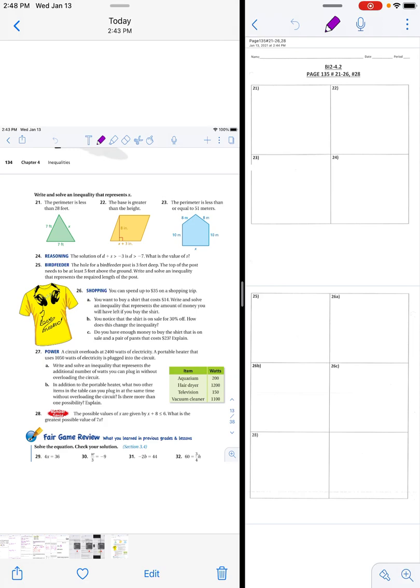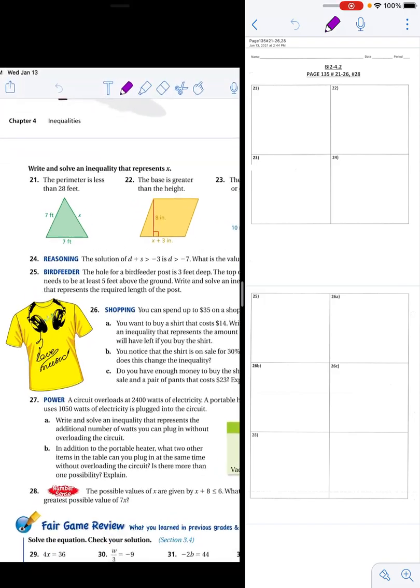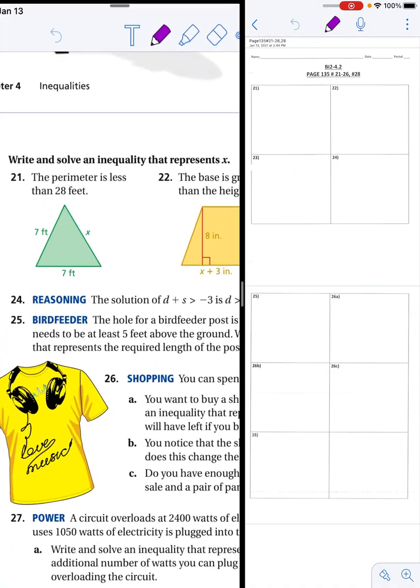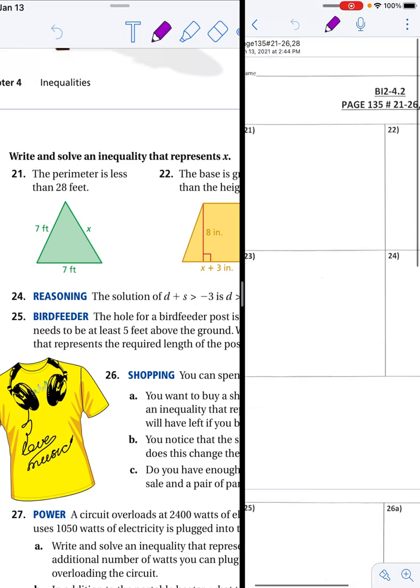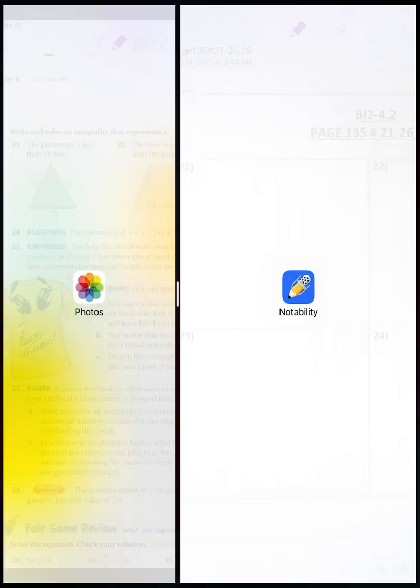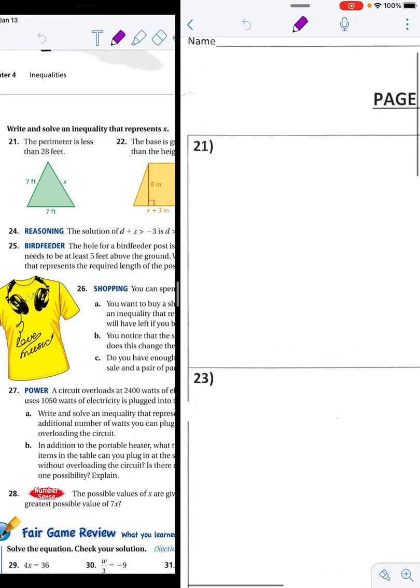Okay, here we go. On page 135, we are starting with number 21. And it wants us to write and solve an inequality that represents x. Okay, so the perimeter is less than 28.